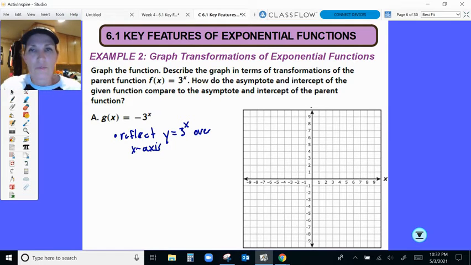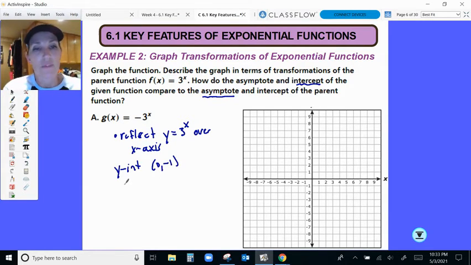In terms of my asymptote, that's going to stay the same. Oh, I'm sorry, wait, the y-intercept is not going to stay the same. It's going to reflect, it's going to be -1. So my y-intercept is now going to be (0, -1), right? My asymptote is going to stay the same.